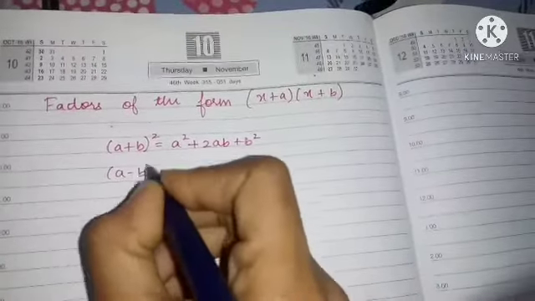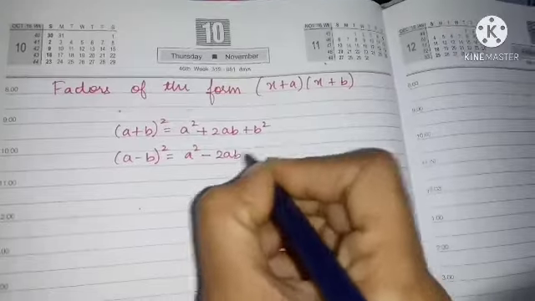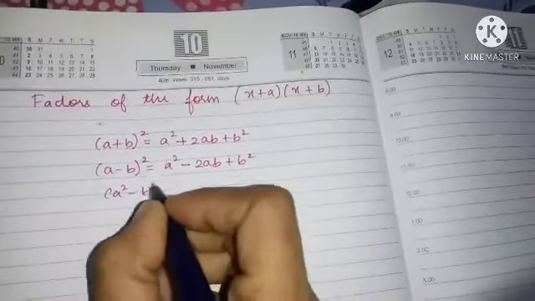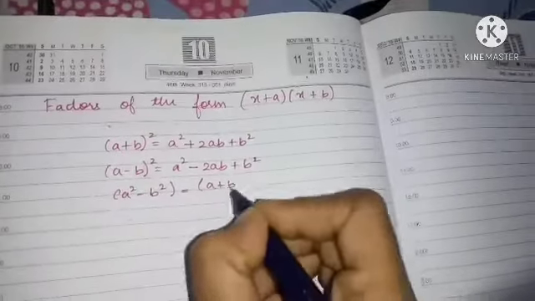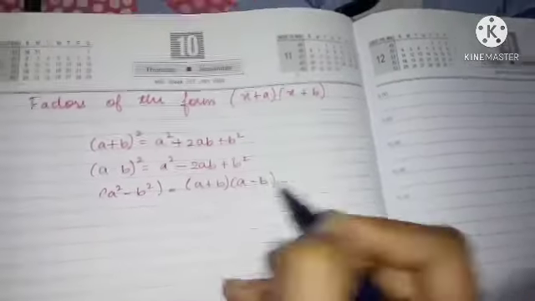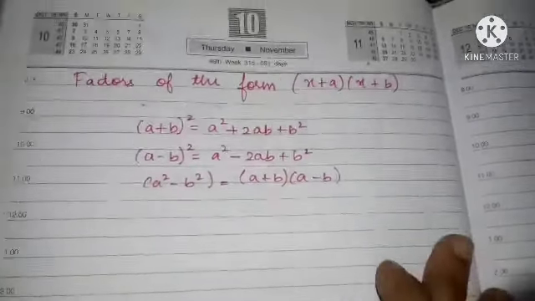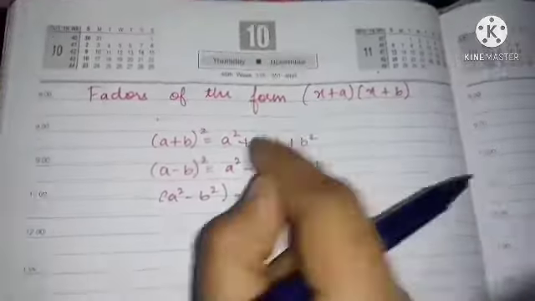Then another identity, a minus b the whole square is equal to a square minus 2ab plus b square. Then a square minus b square is a plus b into a minus b. Correct?